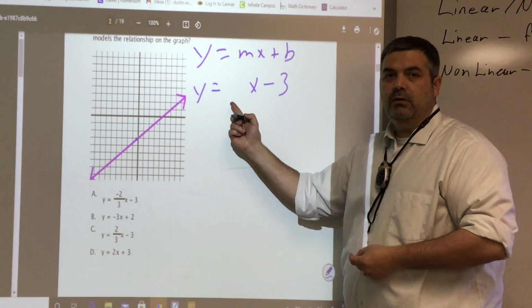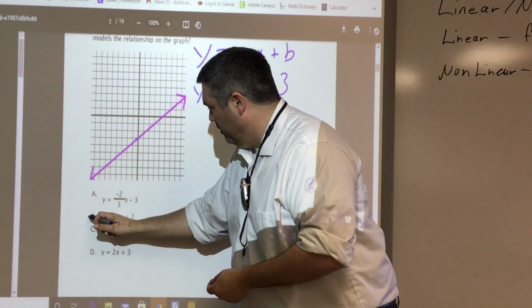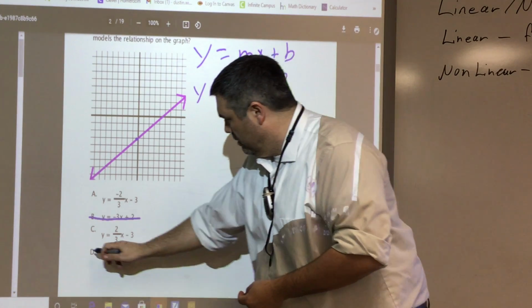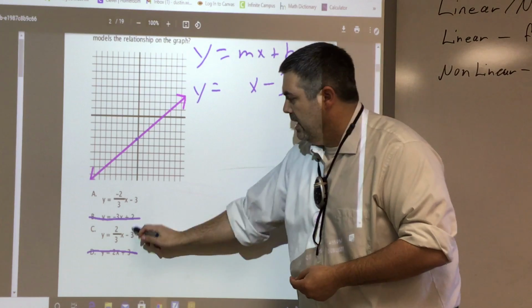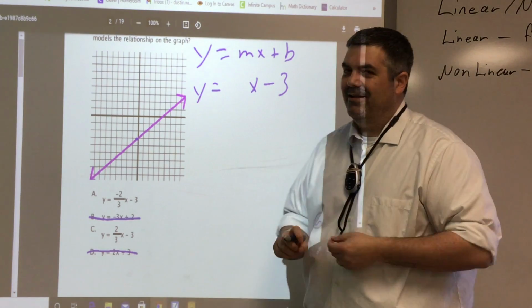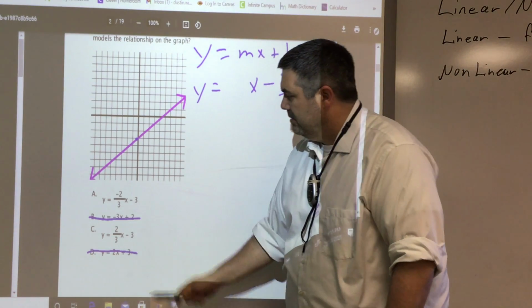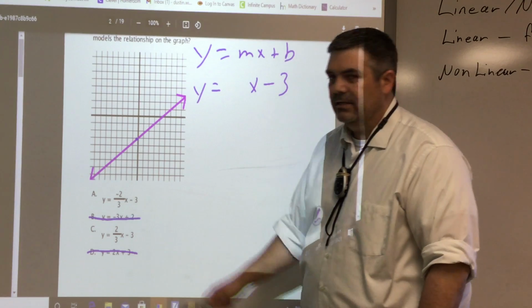and now we're looking for our slope. First off, we can eliminate that one, we can eliminate that one. So now we just need to know which one of these two slopes it is. And the great thing about this is, look, 2/3 x, negative 2/3 x.